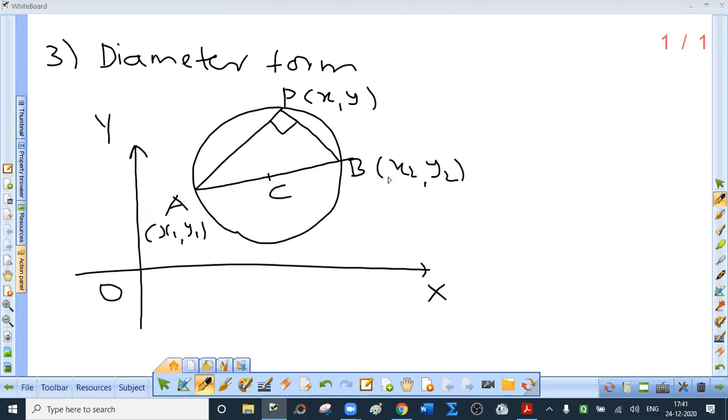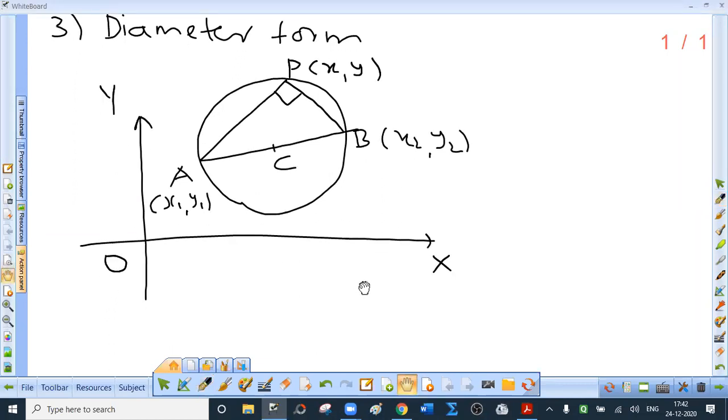So A(x1, y1) and B(x2, y2) are the endpoints, extremities of diameter of a circle. Actually, from this, you can say that we will find the center, because center is midpoint of diameter. We can find radius using distance formula, and second form can also be used. Yes, that is true. But why to find center and radius if we are interested in equation of circle? So this form directly gives us equation of circle.